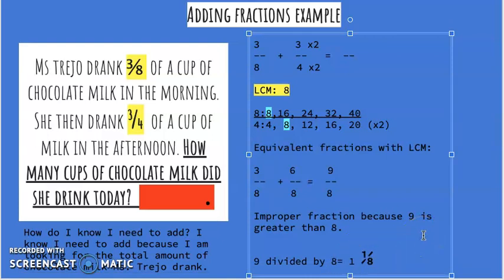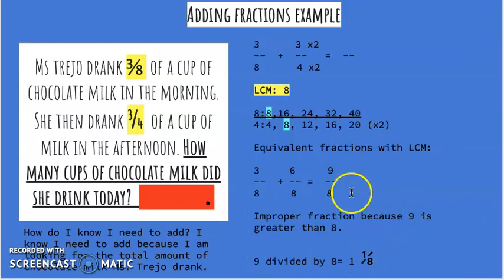Kind of like the same thing, guys. If you subtract 8 from 9, so 9 minus 8, it gives you 1. So you can take 1 whole away from the 9, and you're left with only 1 piece. So that remainder, we put it over our denominator.